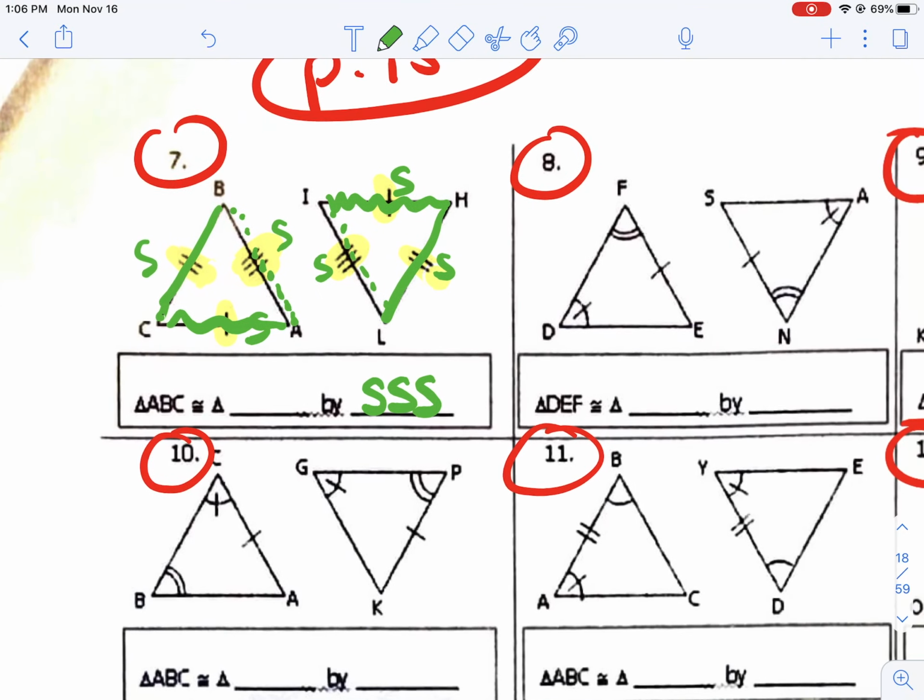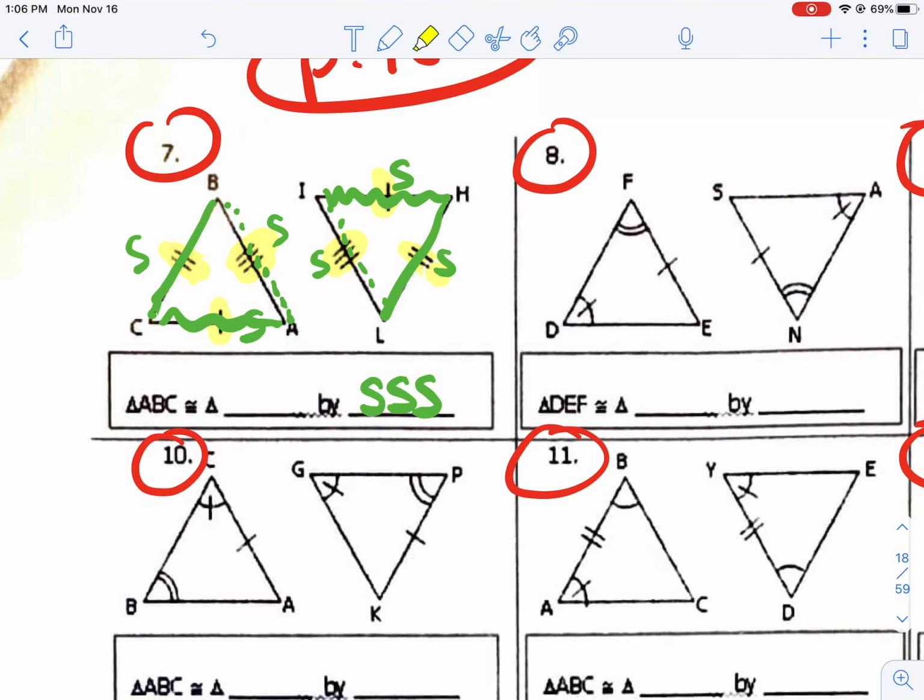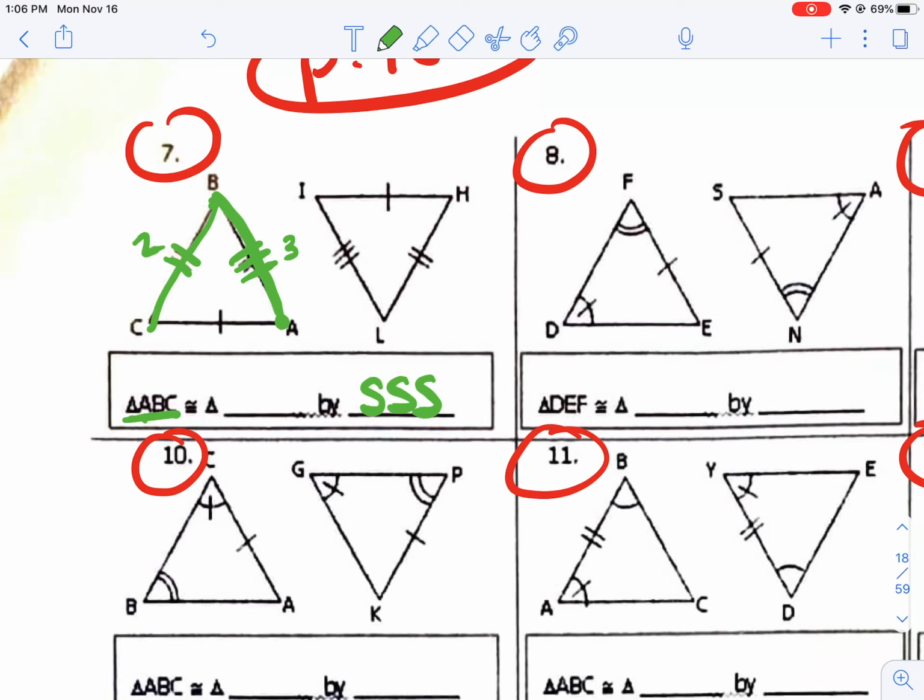So in this picture, what you are going to do is first take a look like I did, mark it up. And then I would like you to name the triangle. So A, B, C. If I go A to B to C, I notice there's 3 marks here and 2 marks here. When I'm naming the other triangle, I'm going to do the same thing.